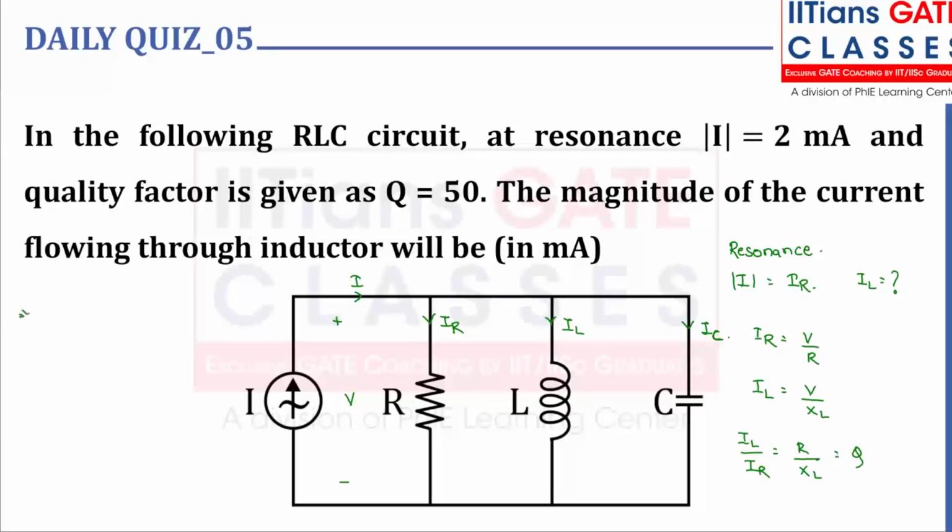So that means IL is equal to quality factor times IR. So IL is equal to 50 into IR, which is equal to I, which is 2. So this comes out as 100 milliampere. So the answer for this question is 100 milliampere.